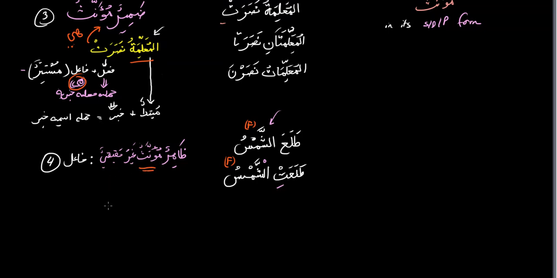So zahir mu'annas ghayru haqiqi. Okay. Now, we know this is a fa'il because this is jumla fi'liya. So this is fi'l and this is fa'il. This is jumla fi'liya. Okay. Fi'l, fa'il. So this is fa'il and then it's mu'annas. We know this. Okay.